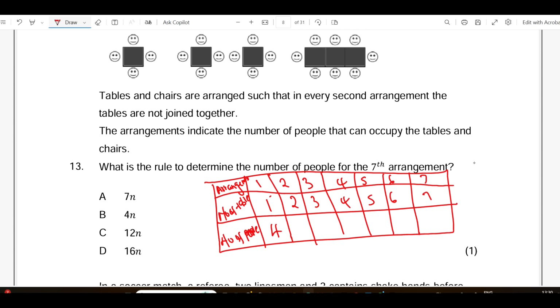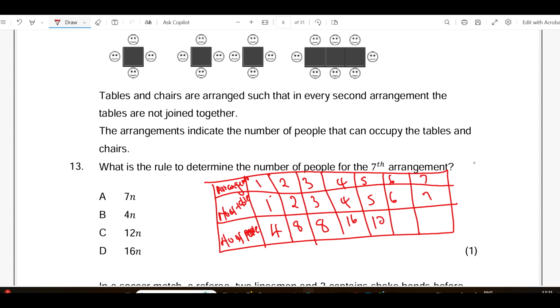Because the question says tables and chairs are arranged such that in every second arrangement, the tables are not joined together. So for first table is gonna be 4, and then second is gonna be 8. It's gonna be 8 again. And for table number 4, it's gonna be 16.